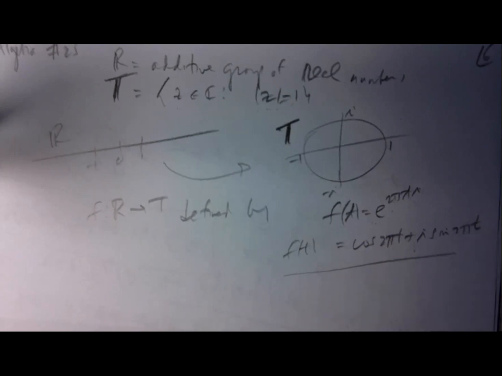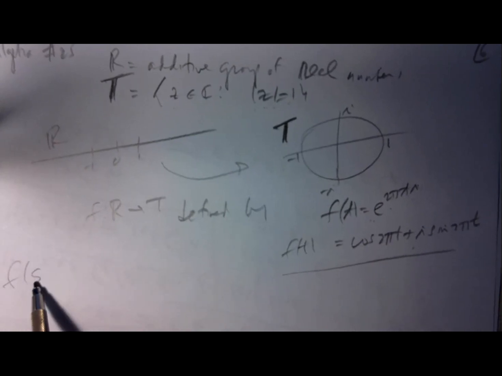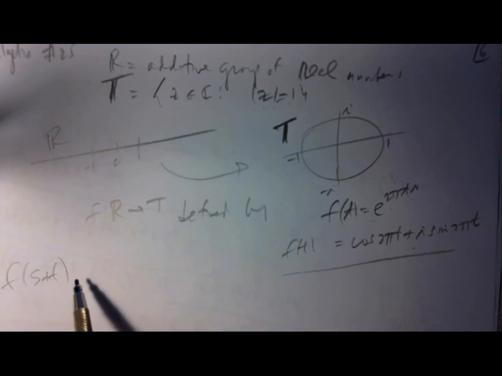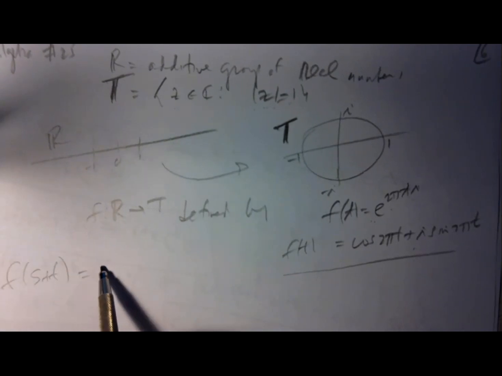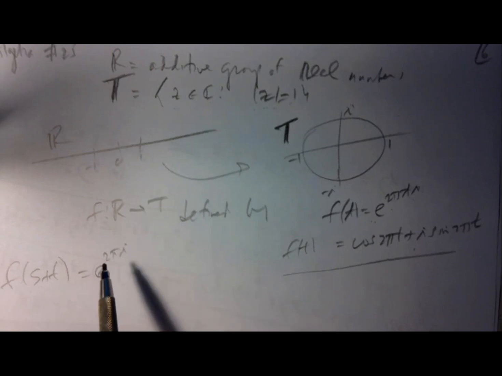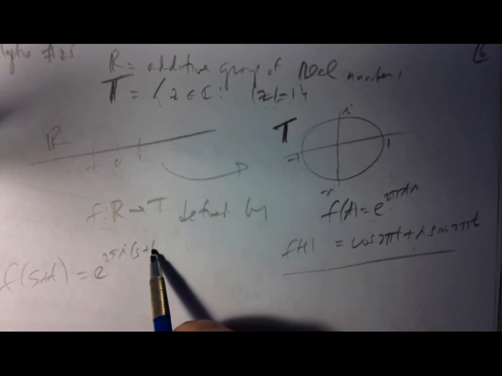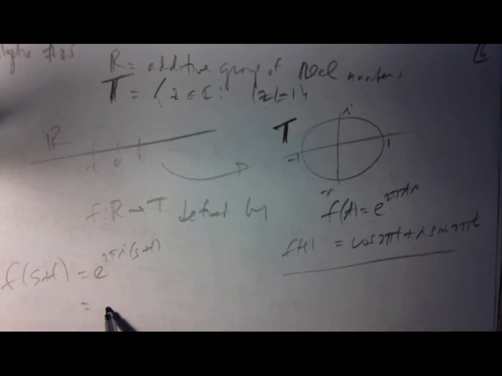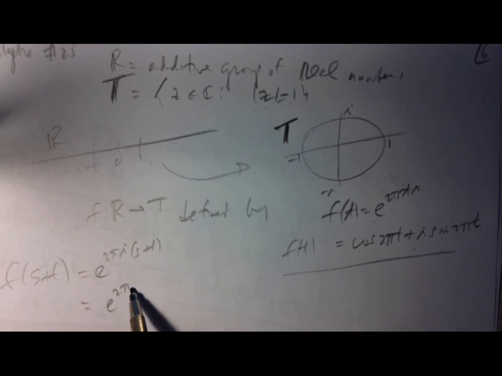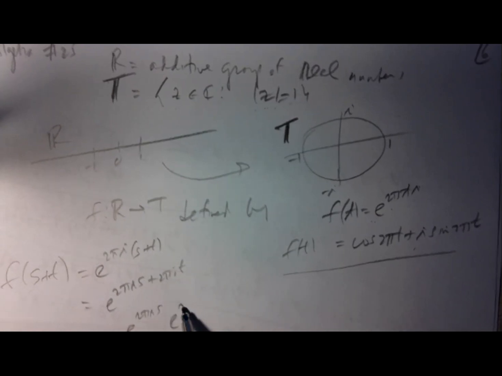But if you write it like this, then it's easy to see that it's a homomorphism because f of s plus t is e to the 2 pi i times s plus t. That's e to the 2 pi i s plus 2 pi i t. And that's e to the 2 pi i s times e to the 2 pi i t, right?